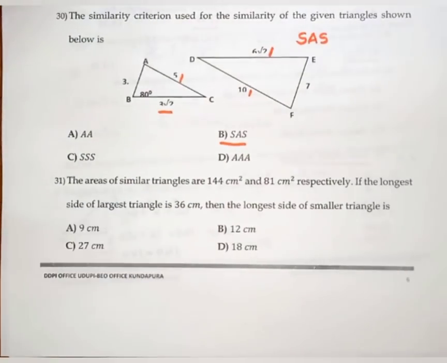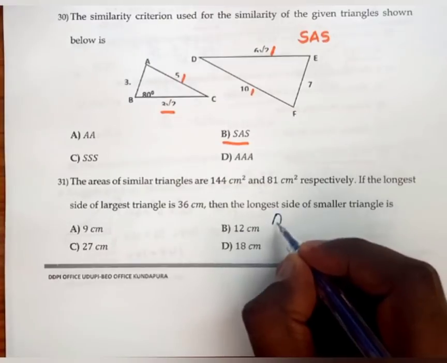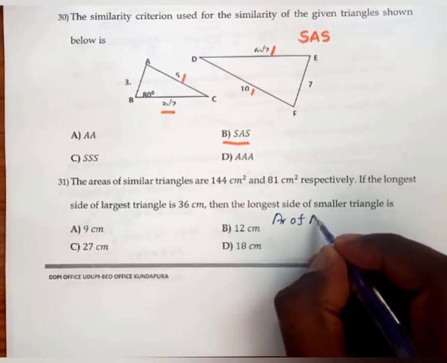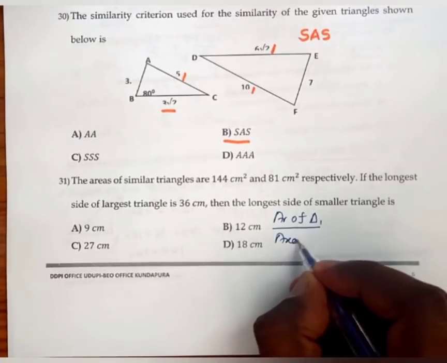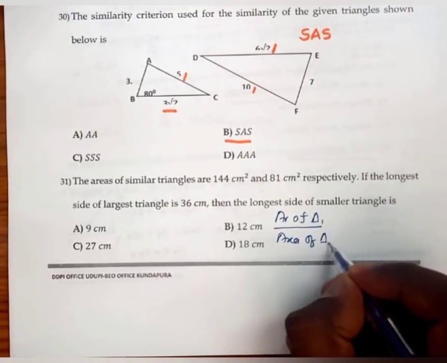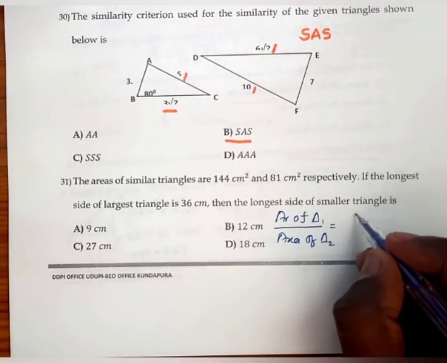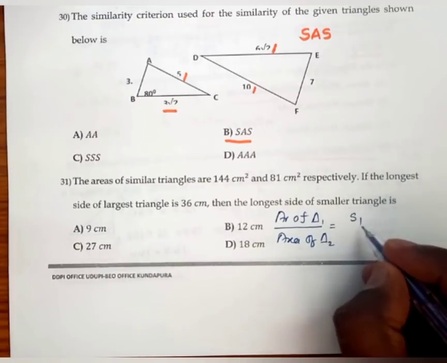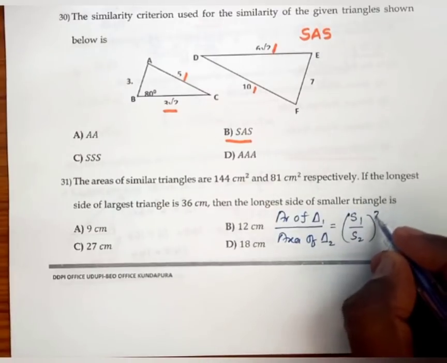Area of triangle 1 is the bigger triangle, area of triangle 2 is the smaller triangle, which will be equal to the square of the corresponding sides. I'll take S1 as the side of the largest triangle, S2 as the side of the smaller triangle.